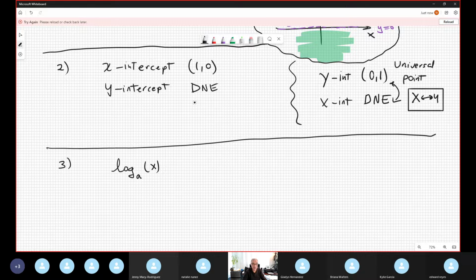If the base a is bigger than 1, the function is increasing, very similar to exponential. And if the base is positive but in between 0 and 1, it is decreasing.